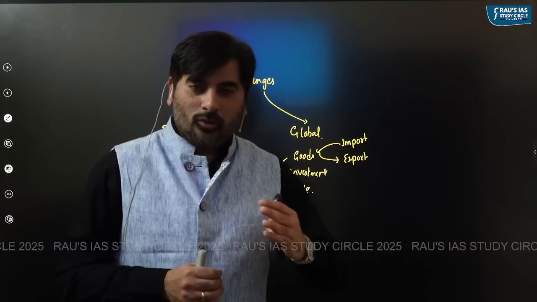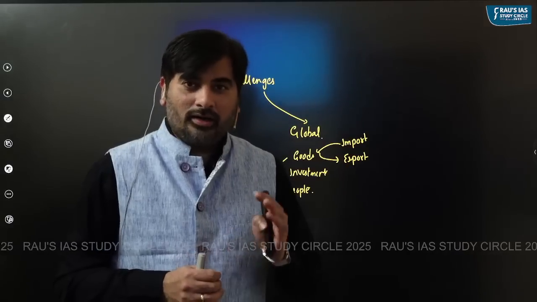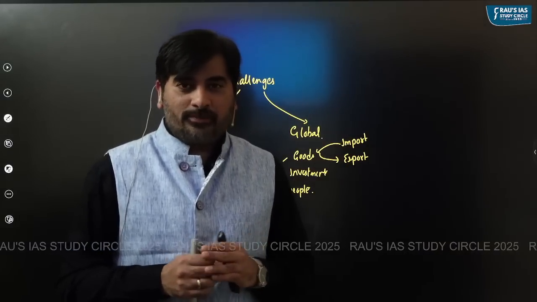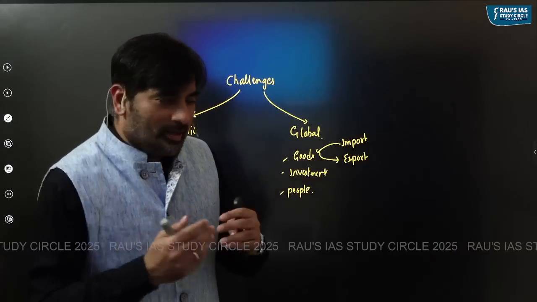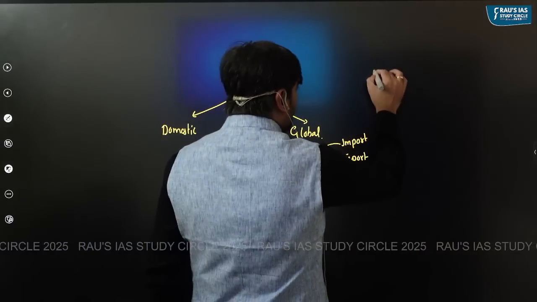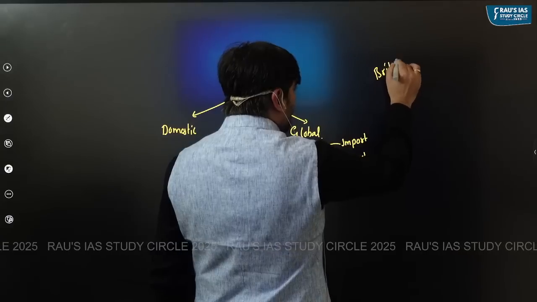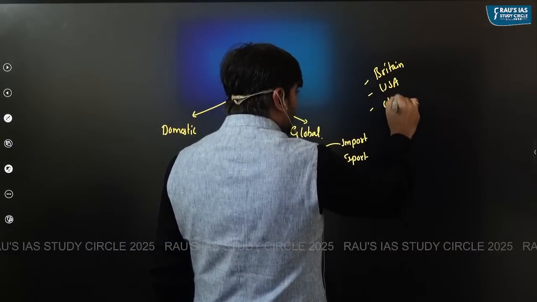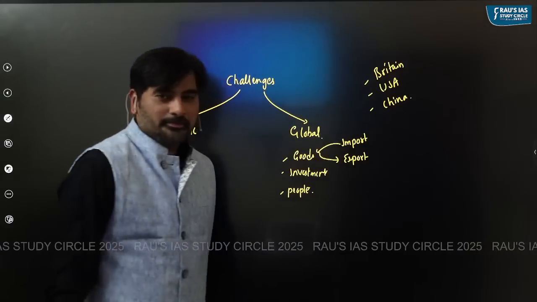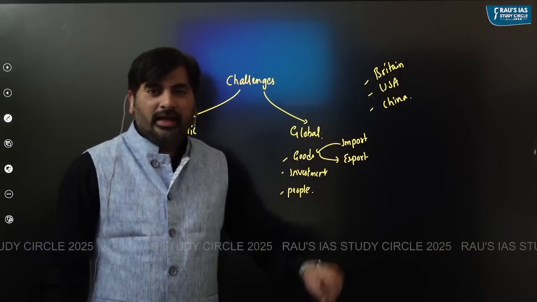So if you go back in economic history, a number of countries have prospered by integrating themselves into the global economy. Examples include Great Britain in the past, USA, and China recently.